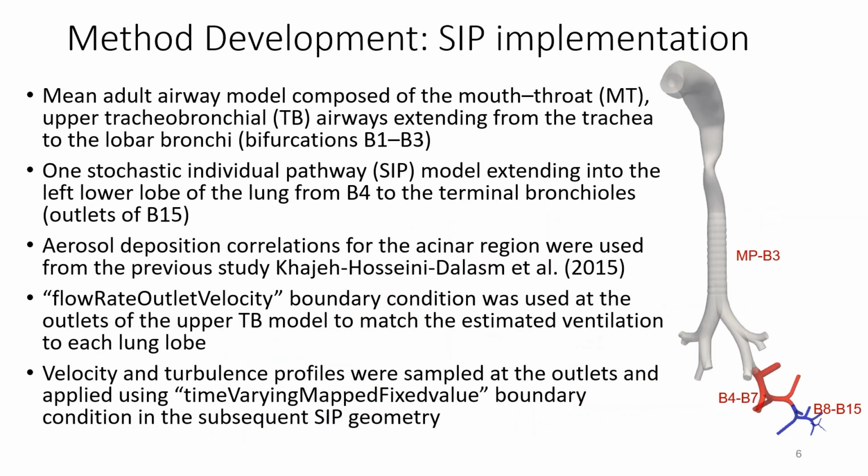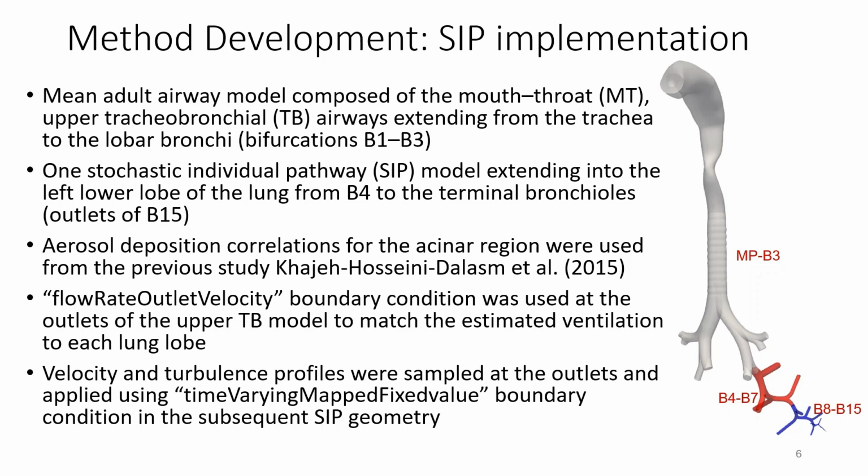For implementing a preliminary complete airway model for DPI applications, we have developed an upper airway CFD model combining a DPI mouthpiece with characteristic models for the mouth-throat and upper tracheobronchial airways up to the third bifurcation.